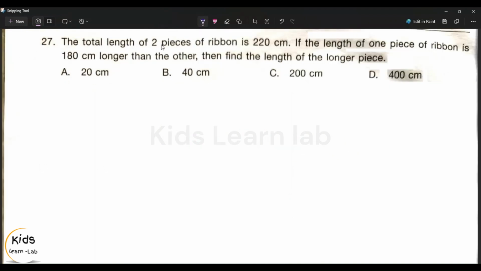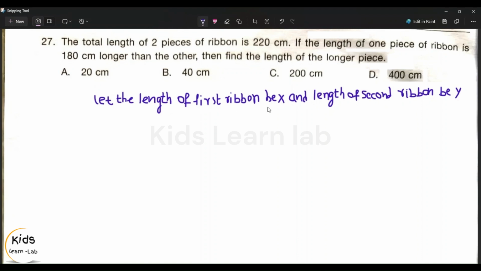27th question. The total length of two pieces of ribbon is 220 centimeters. If the length of one piece of ribbon is 180 centimeters longer than the other, then find the length of the longer piece. Let the length of the first ribbon be x and the length of the second ribbon be y. We are given a clue that x plus y is equal to 220 centimeters.